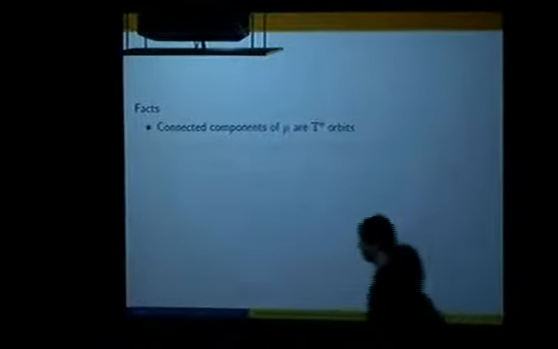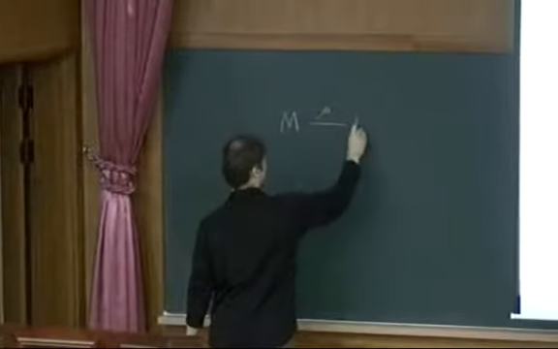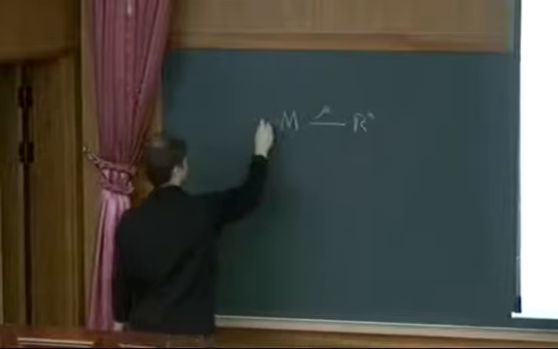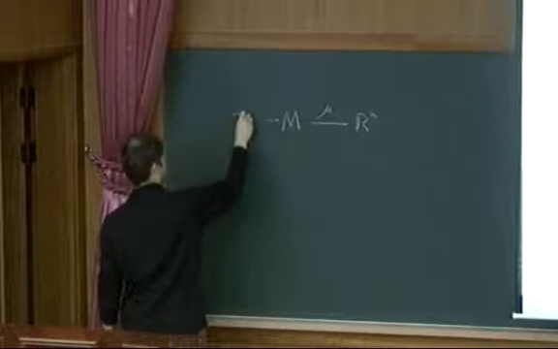So let me mention a few facts about toric manifolds. So mu is the moment map. Maybe I should write it here. So you have a symplectic manifold, toric. There's a moment map that goes to R^n. A typical fiber is just a copy of the torus.